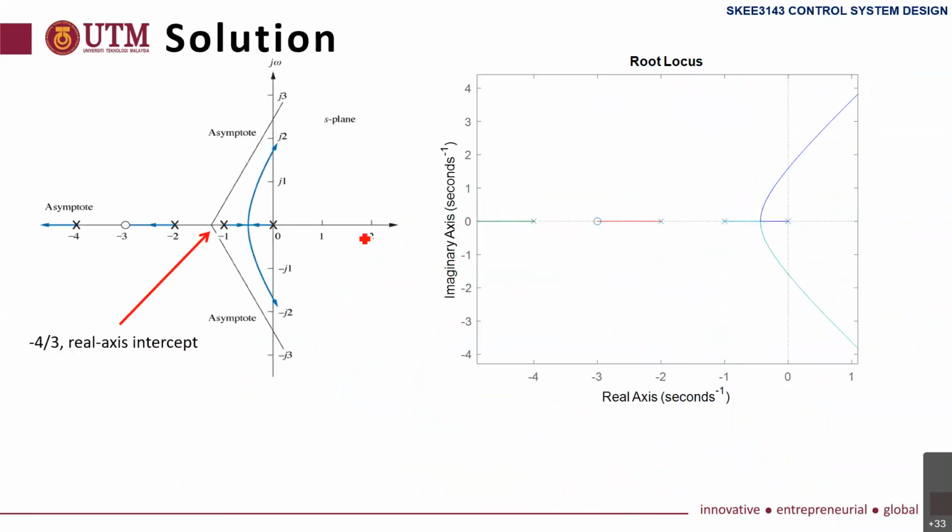This is the one that I obtained from MATLAB. You can see here MATLAB somehow does not give arrows, so it must actually be drawn with an arrow, like this, and it goes up.